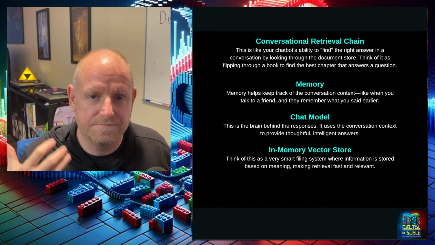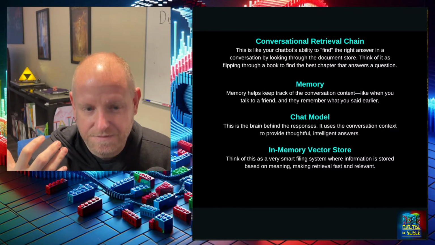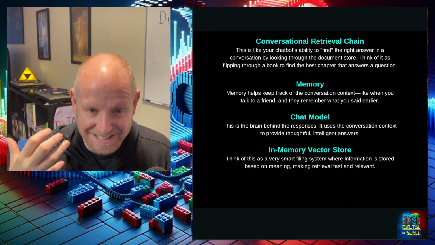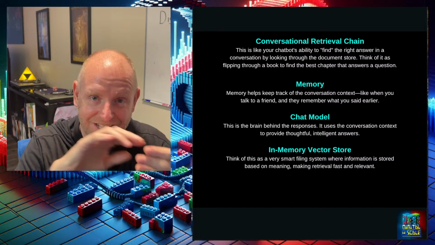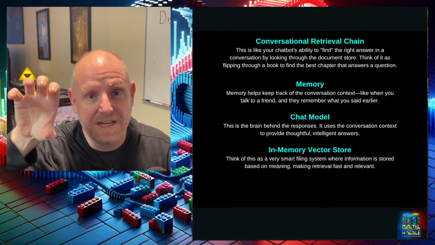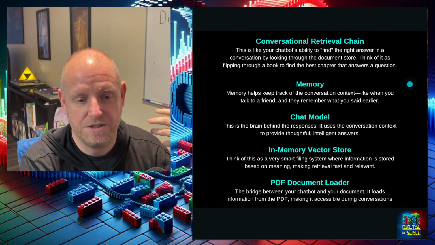This is where the magic happens. But when you think of the vector store, think of it as that Dewey Decimal System, where the AI says, what's the most relevant one? Goes and grabs the book. In this case, the book is your PDF. Says, I think the information is in here, and then responds to you.